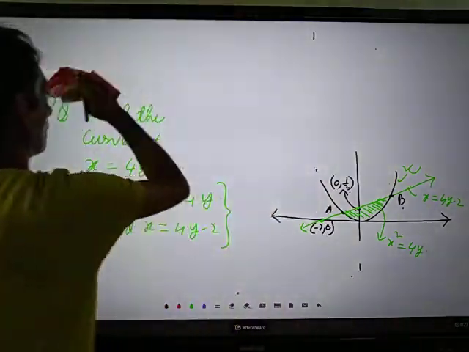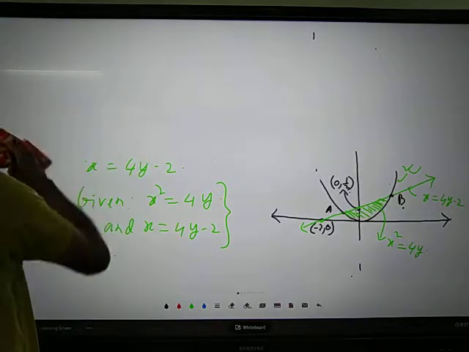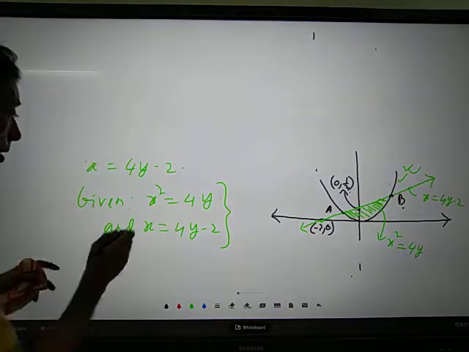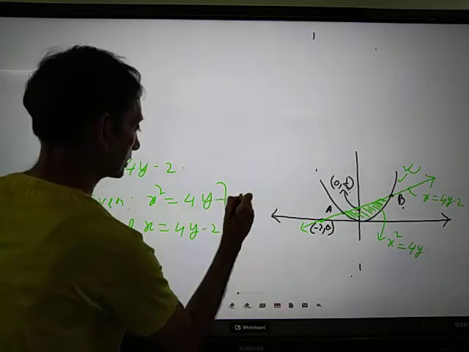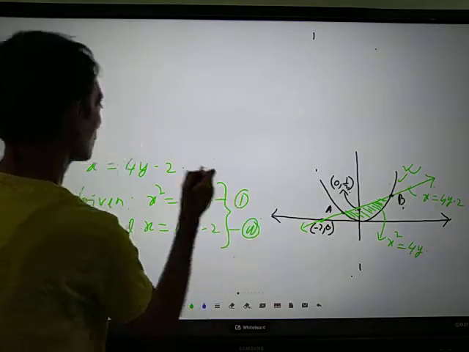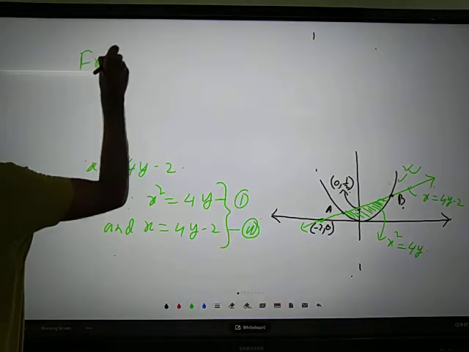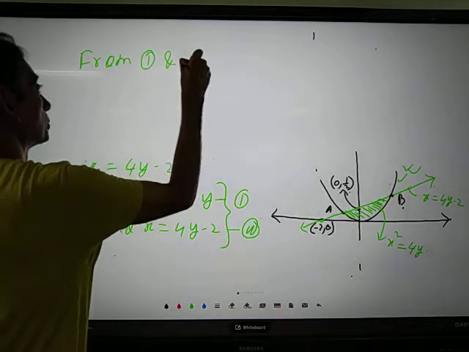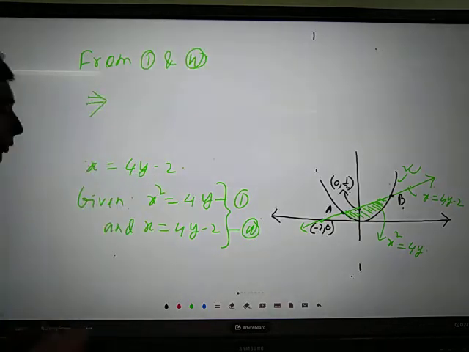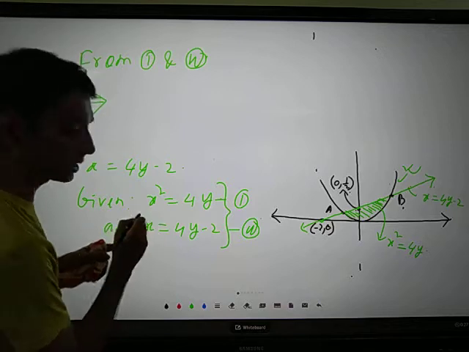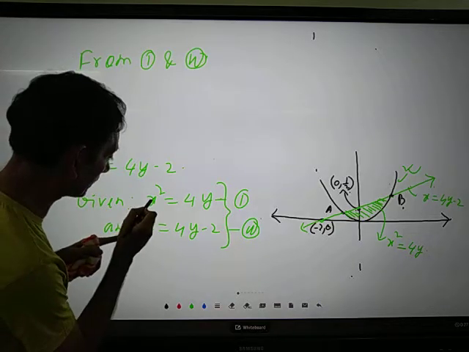This solution part is very simple. You can just mark these as 1 and 2. From 1 and 2, we'll eliminate x by replacing x with 4y minus 2, so (4y minus 2) square is equal to 4y.